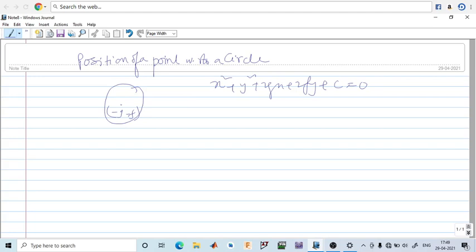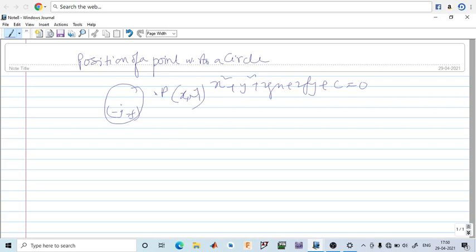Suppose a point P, where it will lie, how can you say it lies inside the circle or outside the circle? Suppose, just for showing, I am writing P outside the circle. Suppose the coordinate of that very point is (x1, y1).